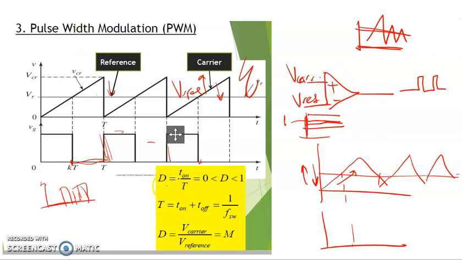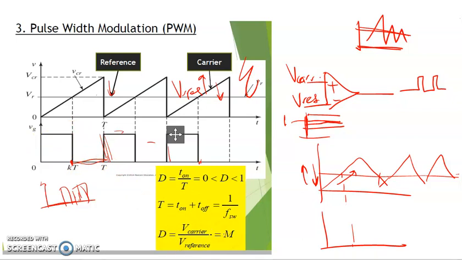In terms of duty cycle, the amount of duty cycle refers to how much the T on is compared to the total period of one cycle. The total time is T on plus T off. This is T on, this is T off.